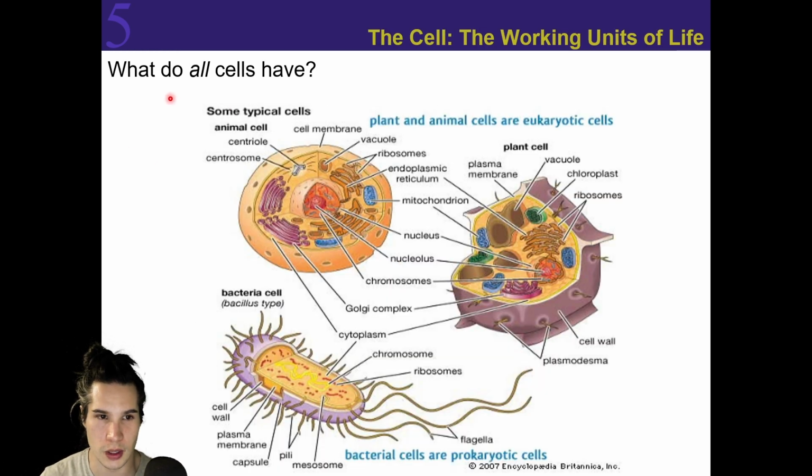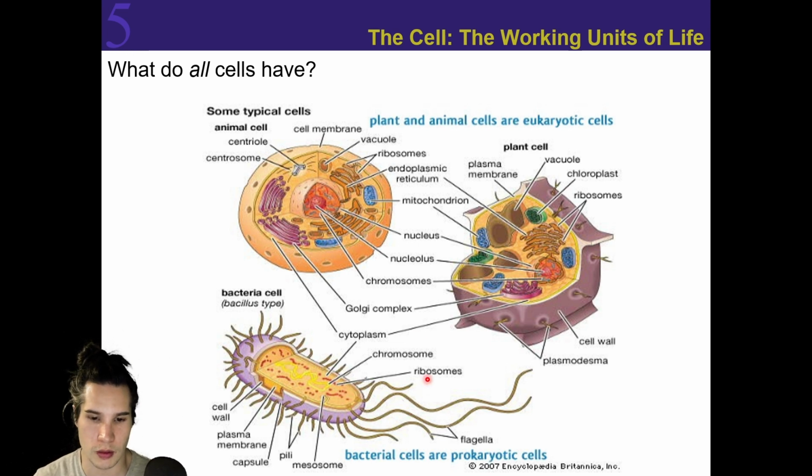Lastly, we're going to determine what all cells have. So all cells are going to have some kind of genetic material. In this case, it's labeling the chromosome of a prokaryote. You've got chromosomes, or you could say your genetic material, in chromatin form in the nuclei here.